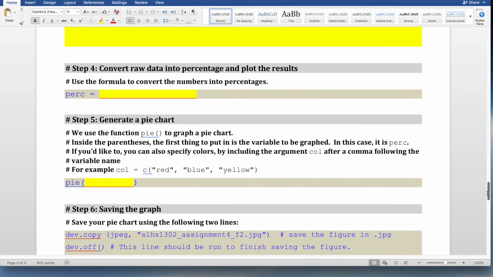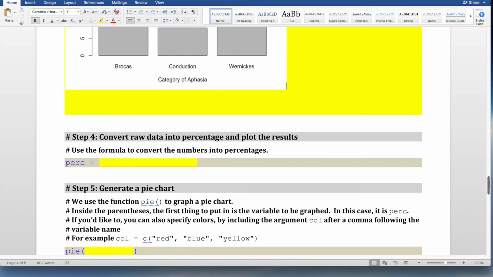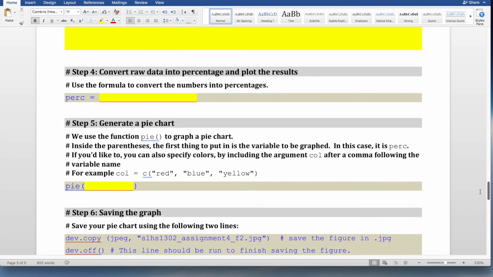All right, so now for step 4, we are going to convert this data into percentages, and then we are going to plot them. If we remember, the name of this data set is called data. So what we will do here is get rid of this highlighted section and replace it with the formula for converting the numbers into percentages. If we recall, this formula is data divided by the sum of data, multiplied by 100.